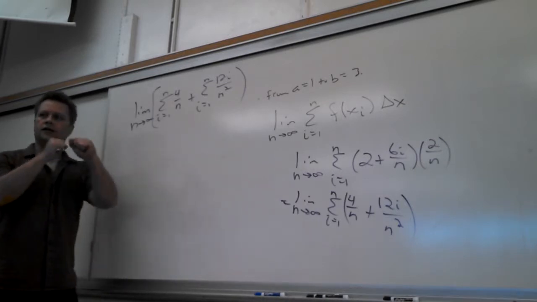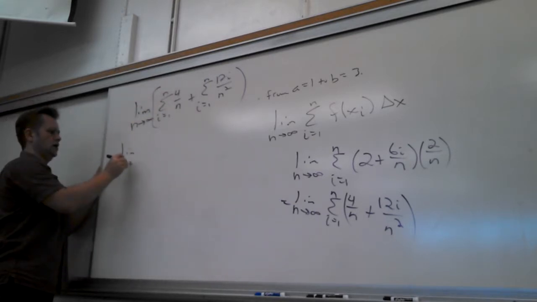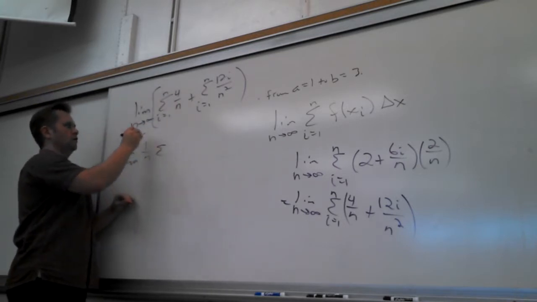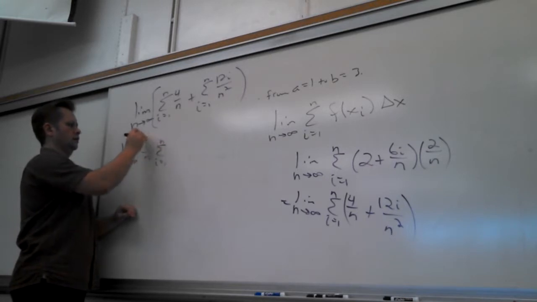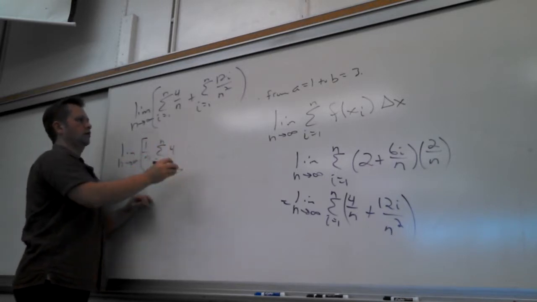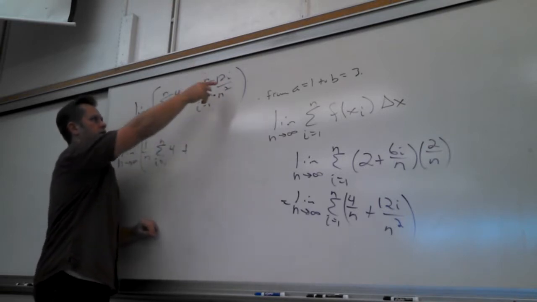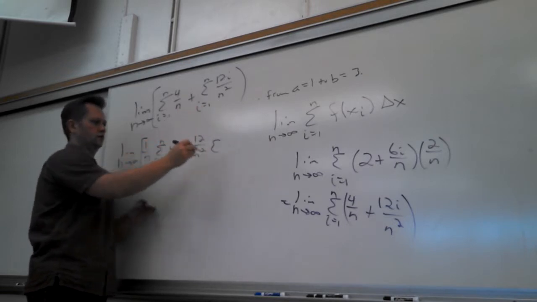So, what did I just say? What can I take out of here? Yeah, I can take the 1 over n out. I can take the 4 out too, but I want to leave something in there to add up. And the same thing over here, what can come out of there? And this time I'll go ahead and take the 12 out. 12 over n squared. And what's left inside?